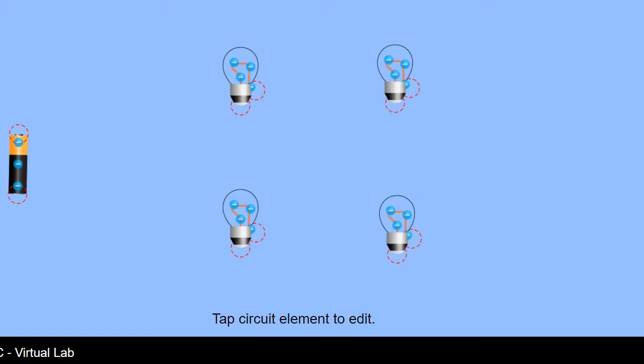Now I will connect them. So these two are the junctions between the two bulbs in each branch, across which I can connect the voltmeter, or one more resistor.